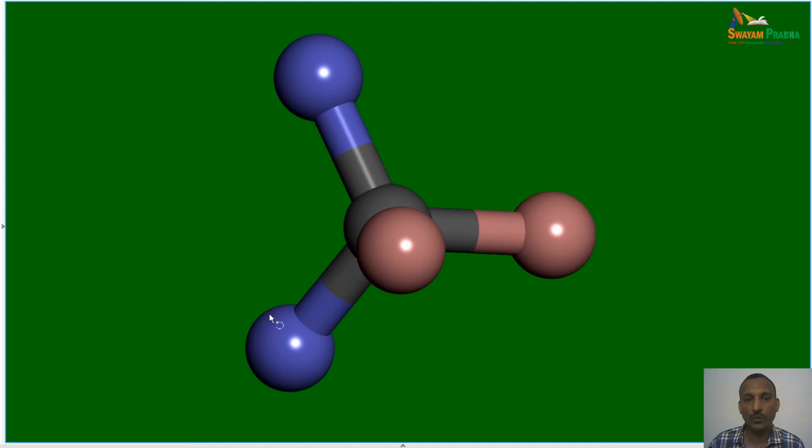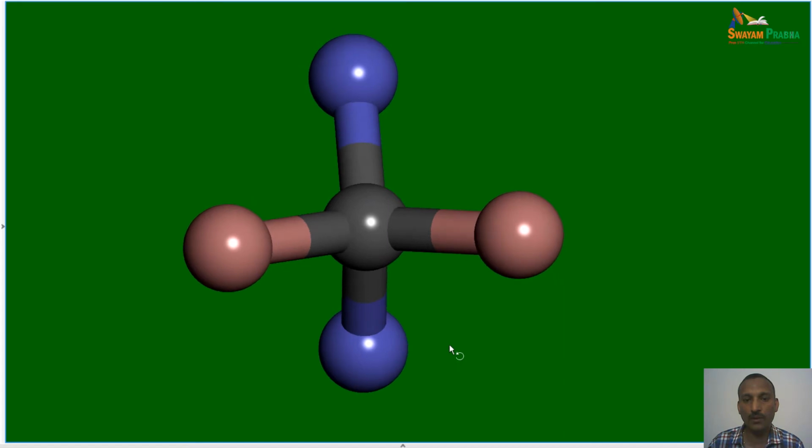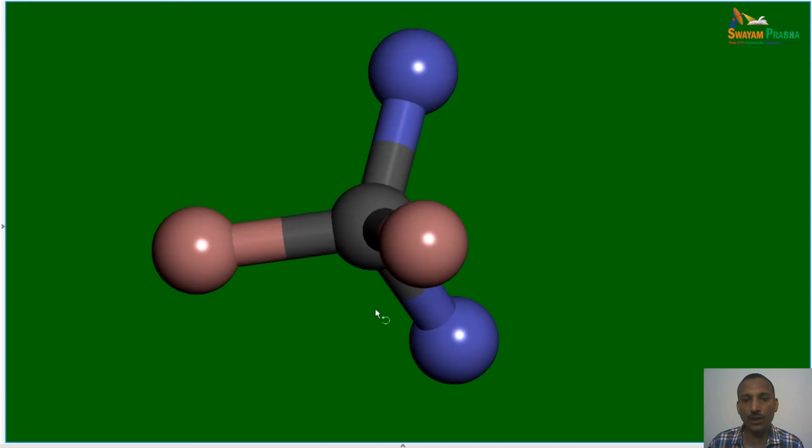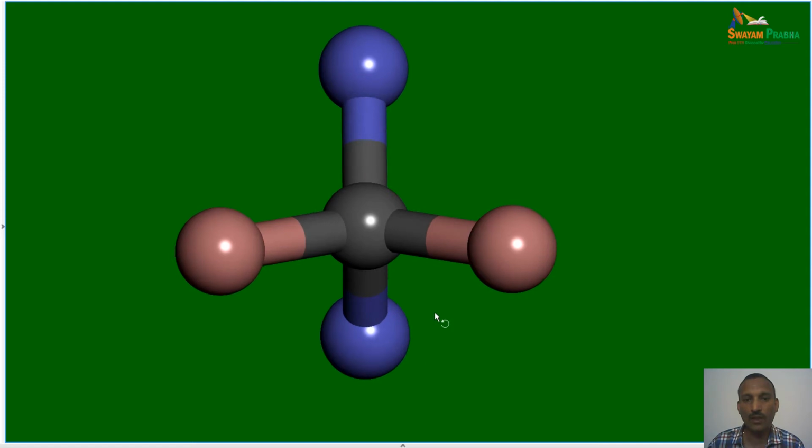The things on the vertical axis are behind the plane or away from the observer. And the groups or atoms in the horizontal line are pointing towards the observer. That way we can represent the three-dimensional structure in a two-dimensional plane according to Fischer projection.